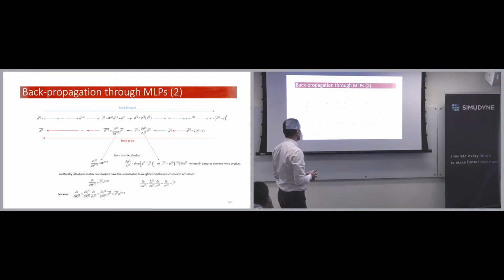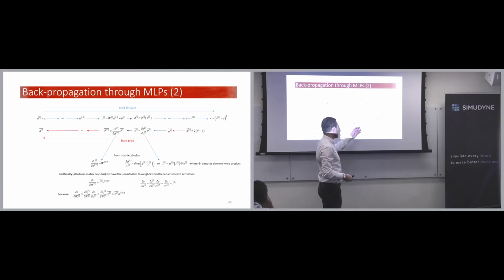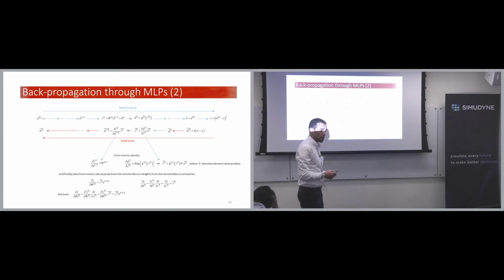Okay, so this will give us the sensitivities to the weights, and the sensitivities to the biases are trivial because my Z's are a linear combination plus b. So dC over db is the same as dC over dZ, and that's the adjoint of Zi.